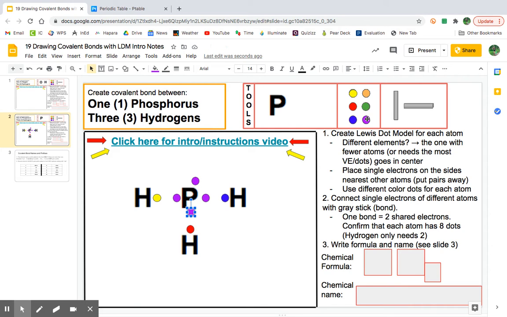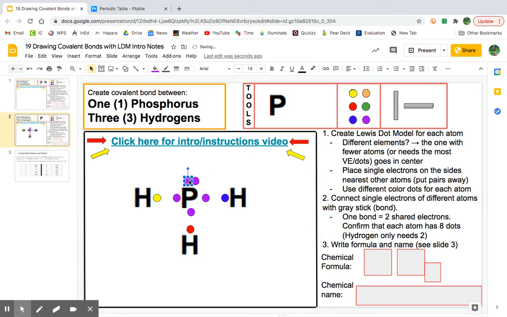We've got to find a buddy. However, you want to put the pairs kind of away. You want to put single electrons on the sides nearest other atoms. So I don't want to put a second one on this side, or this side, or this side. I'm going to throw it up here on the top, because basically, if you haven't noticed, electrons like to be in pairs.